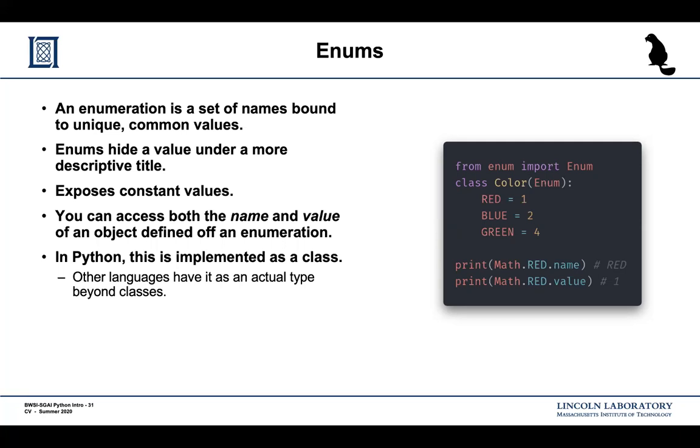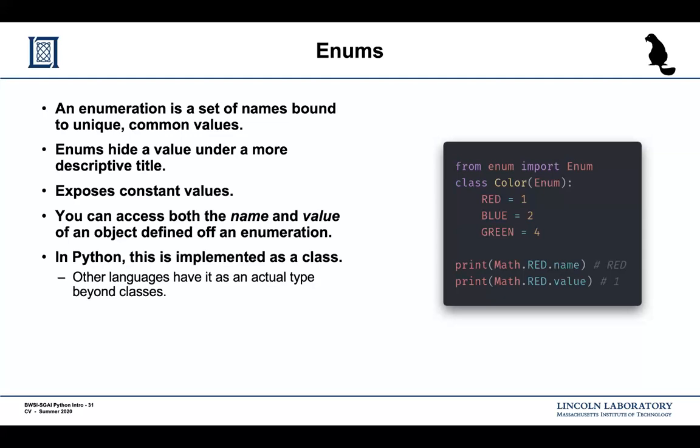But it lets you hide away some of that complexity and require that you're passing an object of type color. So you don't want somebody to pass in the integer 3 because maybe you don't have a color for that yet. But it lets you outline the types, and it lets you organize and hide complexity of your code.